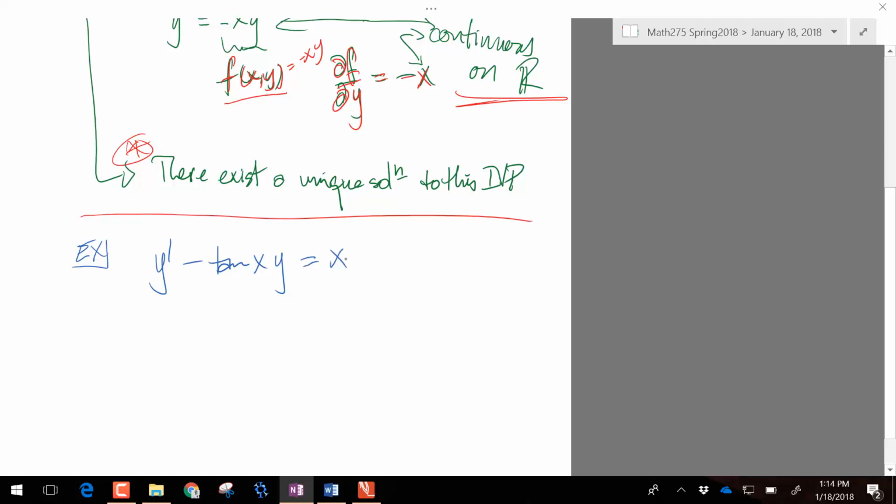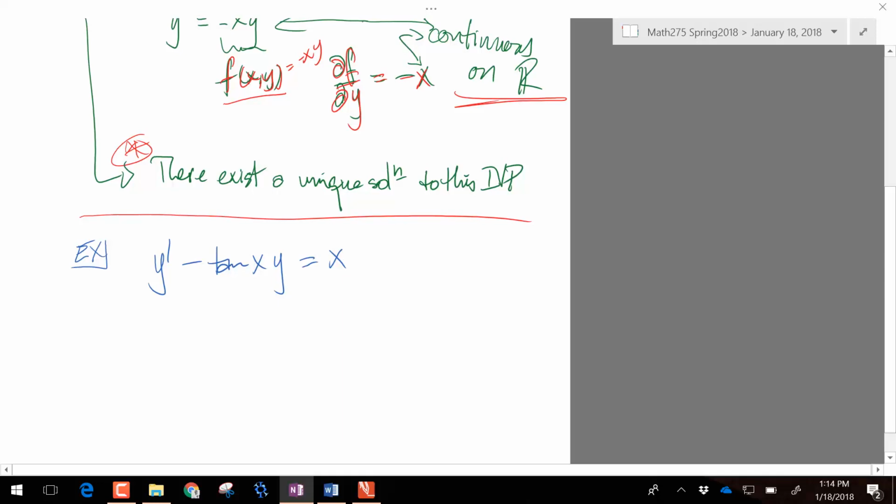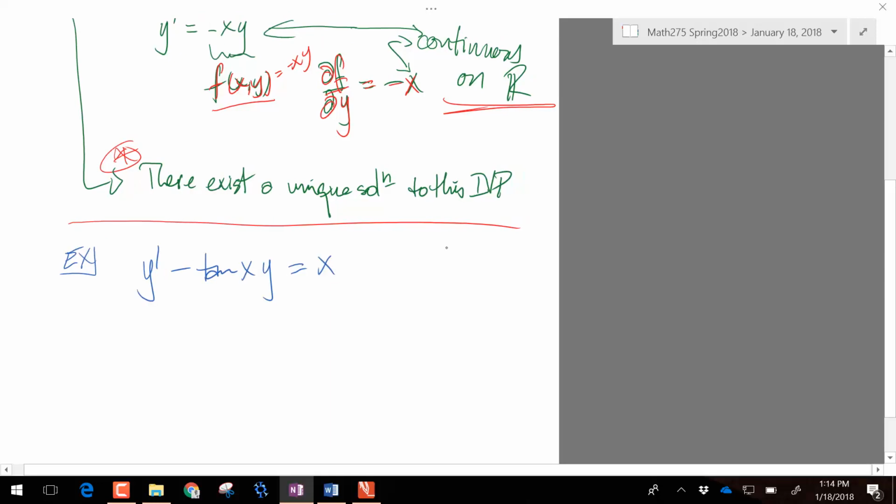I don't know, something weird. In any case, your initial conditions say at 0, comma 5. So this is, no, tangent exists at 0. Let's try, where is tangent bad? Pi over 2. Now let's change this to pi over 2.